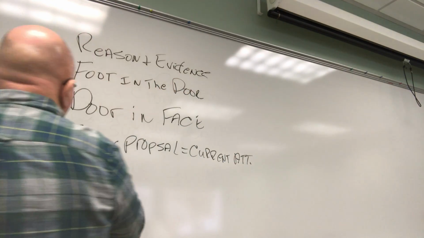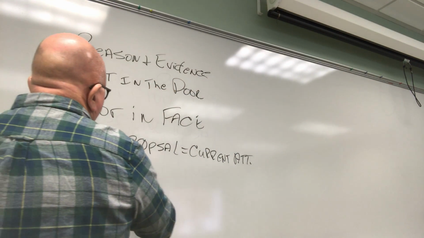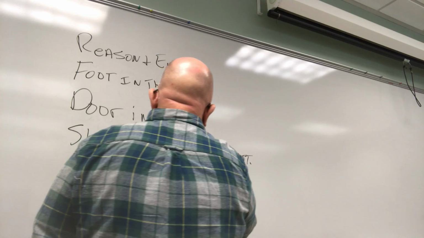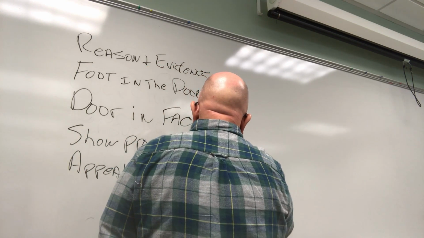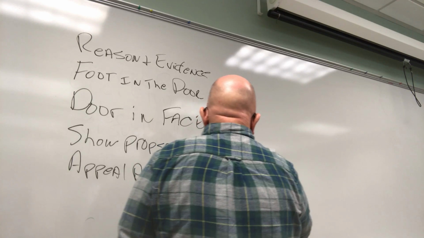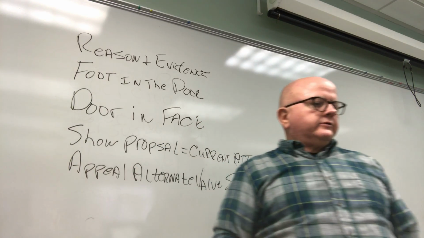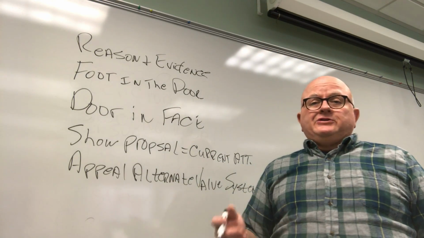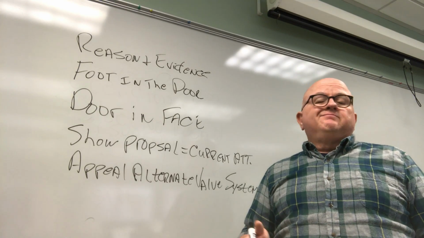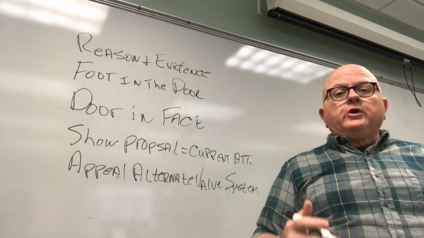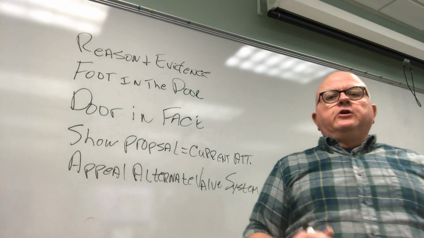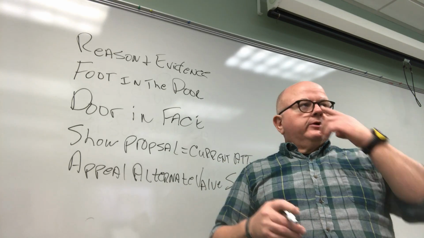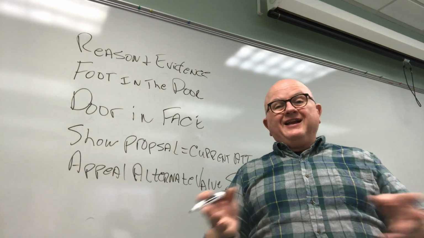Then the next one is appeal to an alternate value system. Okay, appeal to an alternate value system. Again, stopping global warming may not be a big deal because you really don't care if Micronesia floods, all right? But if we sold global warming, and this is what President Obama was doing that was very effective, okay, who cares about global warming? Who cares about whether or not Micronesia floods and the islands disappear?